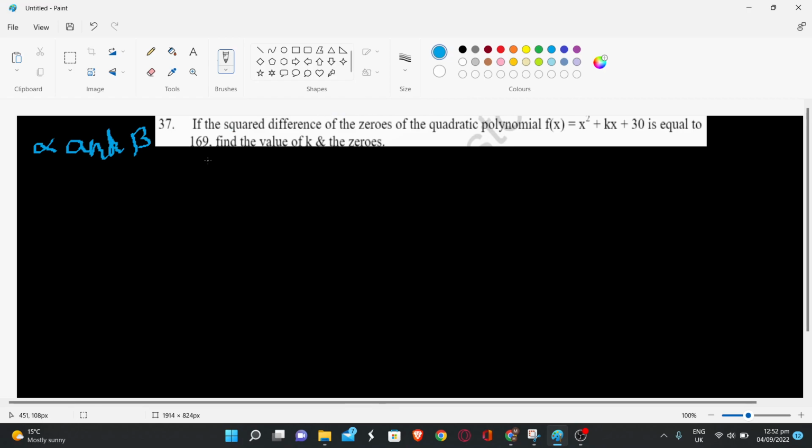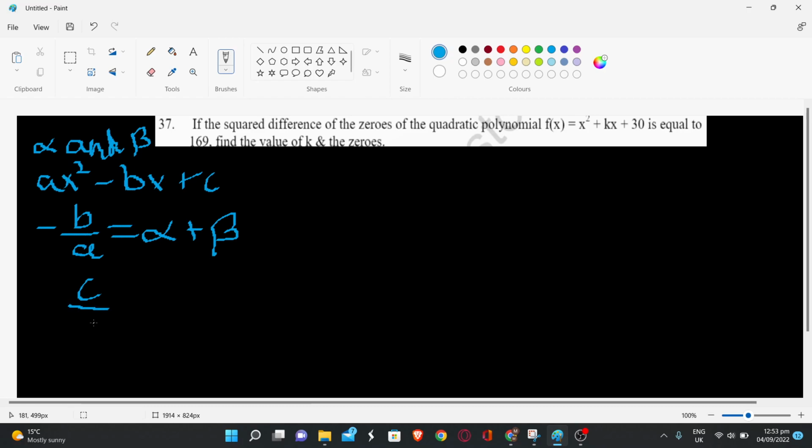Okay, let's continue. The first thing we have to know is that a quadratic polynomial is in the form of ax squared plus bx plus c, where minus b by a, and also guys remember, minus b by a in a quadratic polynomial is always equal to alpha plus beta, and c by a will always be equal to alpha times beta.